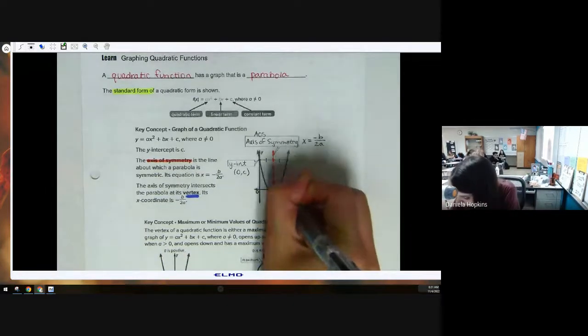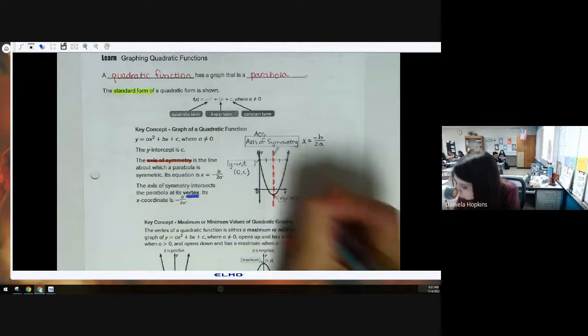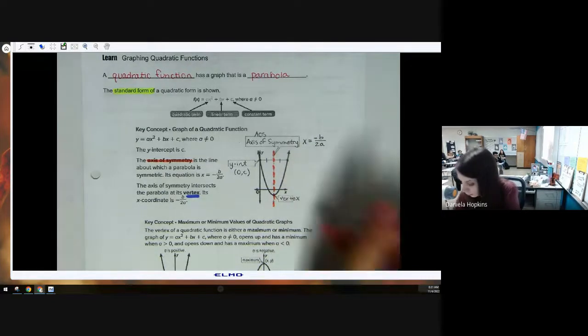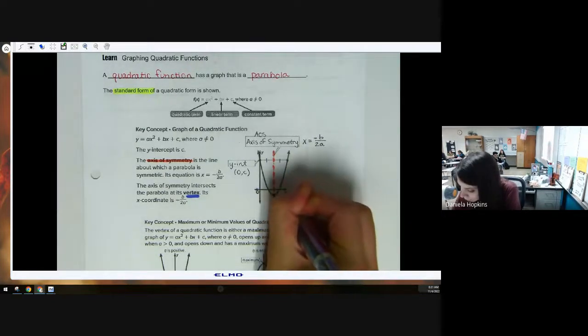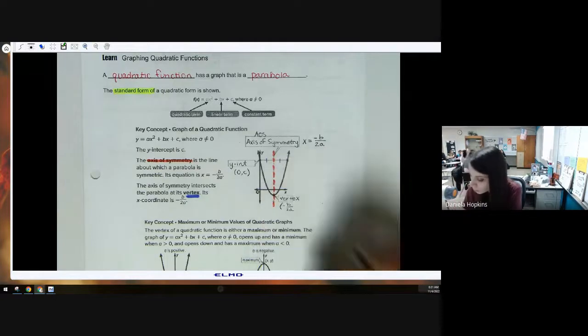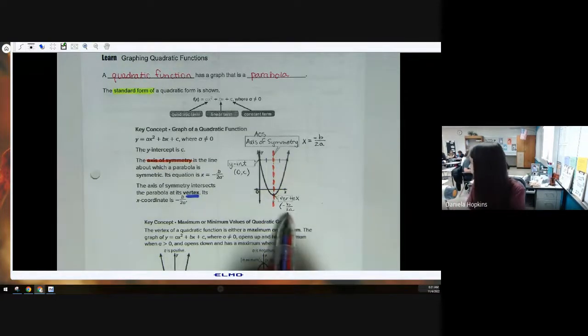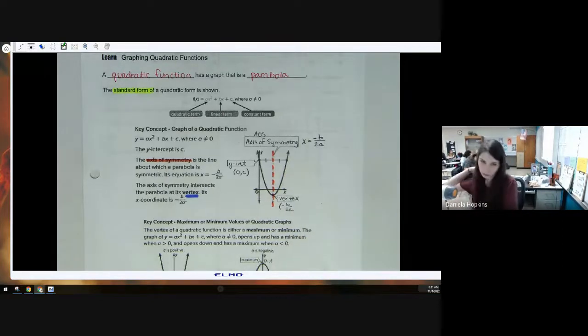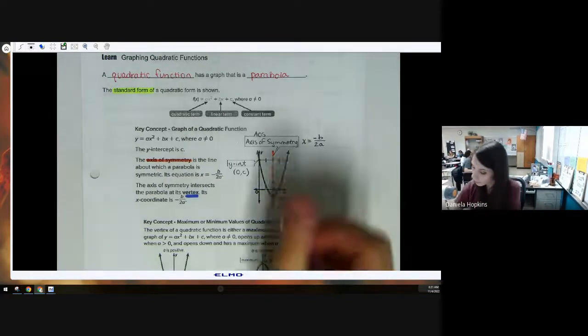So this is your vertex, and it's an ordered pair. It's a point on the graph. Its x value is your axis of symmetry, which is this number negative b over 2a. That'll just be a number like 1 or 2. If I'm being mean, I'd give you a fraction, but I always give you a whole number. The y part is the weirder part.